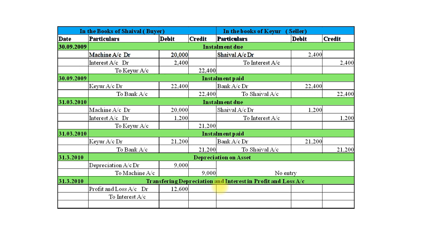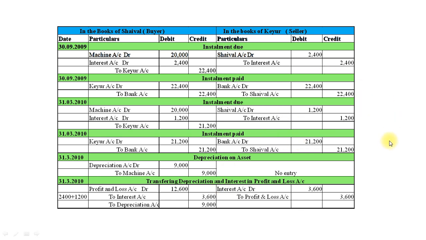We will add the interest of both the installments, that is 2,400 plus 1,200, which will come to 3,600, to depreciation account, that is 9,000. And in the books of seller, the entry will be interest account debit to P&L account, that is 3,600. So here we are done with the journal entries of both the years.